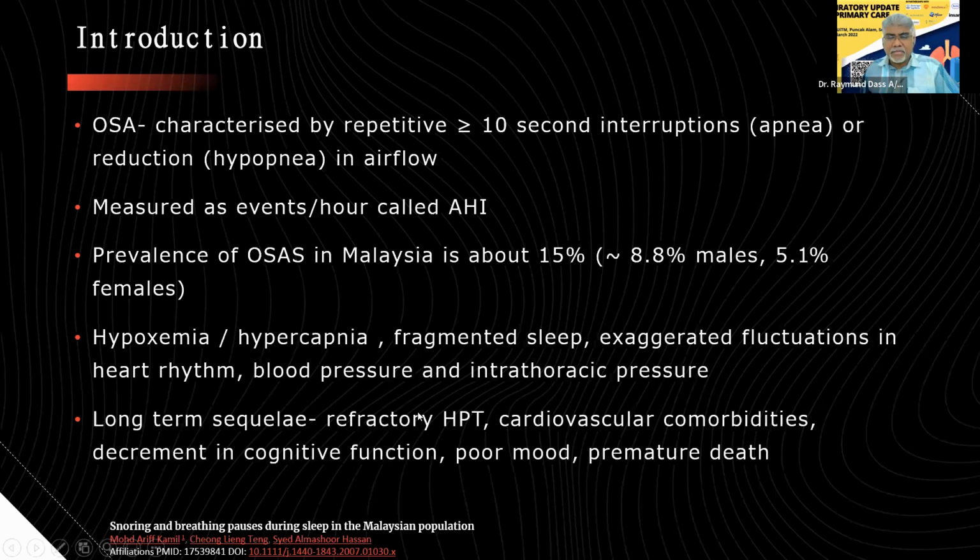So as a primary care physician, if you see patients whose BP is not very well controlled, if you notice that the patients are already on 3, 4, or 5 antihypertensives, and you find it very difficult to manage the blood pressure, please look into the patient's sleep, try to do some scoring, and then you'll be surprised that this patient may have OSA, right?